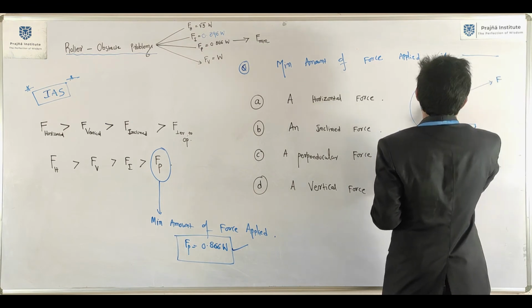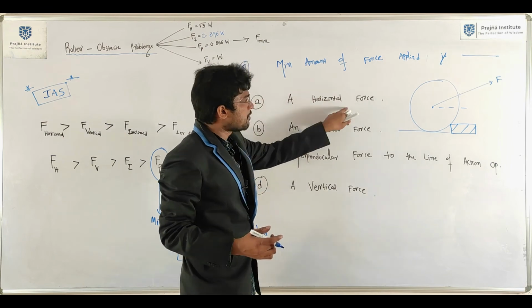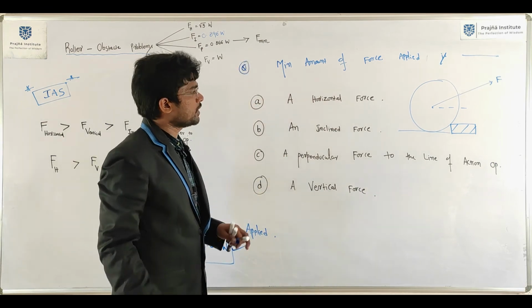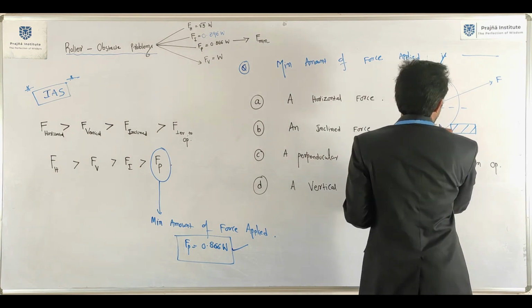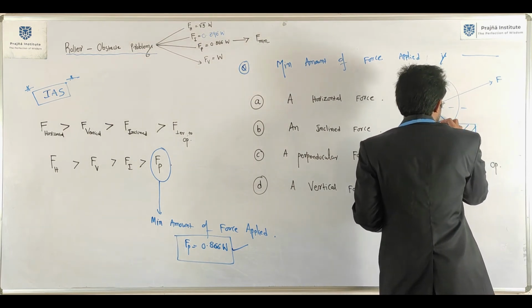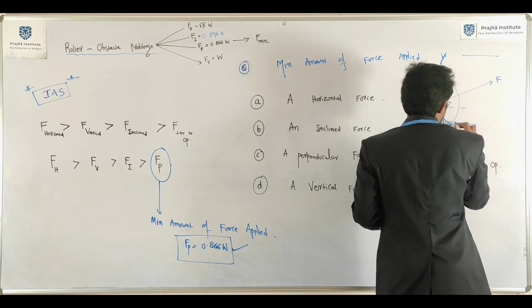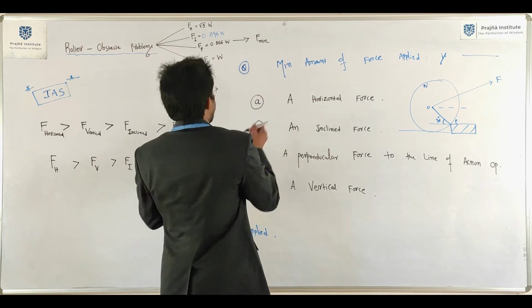Some F is applied. In case 1 it will become a horizontal force, case 2 an inclined force. Weight is W and it is making an angle 30 degrees with the horizontal. This is OP. This is the question given in IAS.